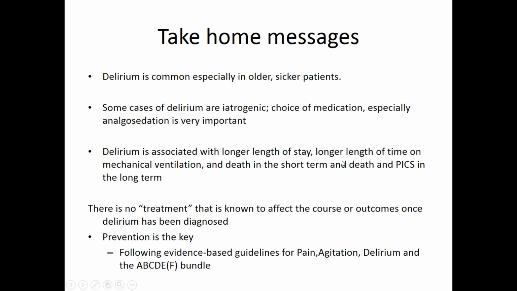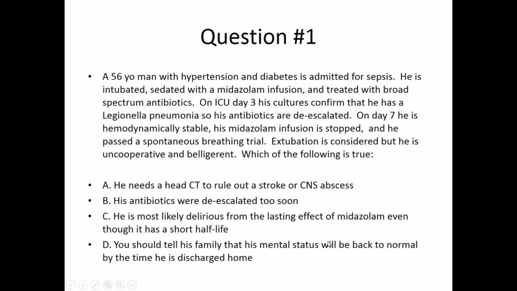There is no treatment that is known to affect the course or outcomes once delirium has been diagnosed, so prevention remains the key. And really the standard of care, if followed, that is the ABCDE bundle, really has been shown to reduce the incidence of delirium and should be considered the standard of care. And with that, we'll go into just a couple of questions.